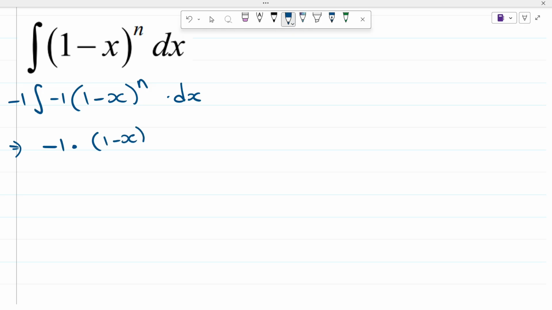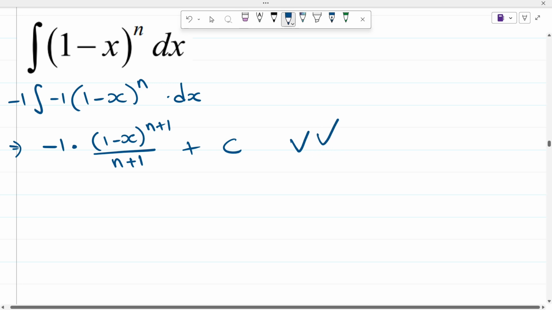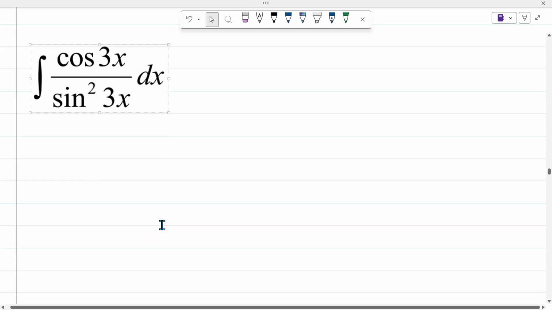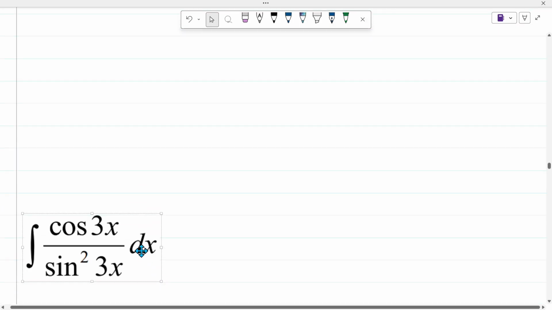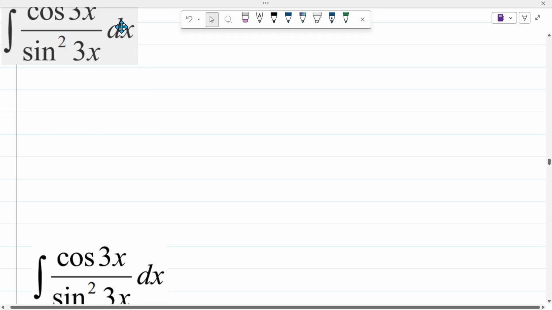That's going to be 1 minus x to the power n plus 1 divided by n plus 1 plus c. So that then becomes your answer. I hope you got it. That was an easy one, right? So let's quickly see if we can solve another one.